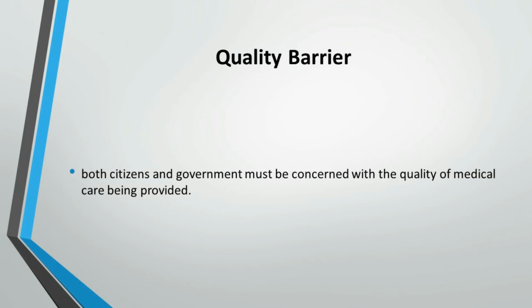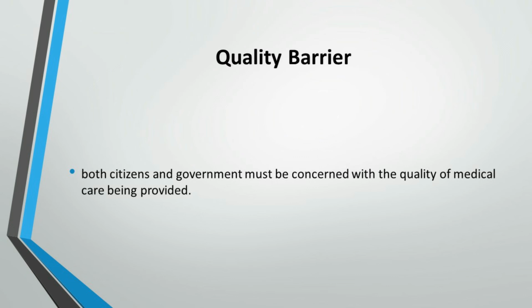Citizens and government must be concerned with the quality of medical care being provided. Citizens' obvious expressions of concern about quality have been the increased number of malpractice suits and complaints against physicians and hospitals.